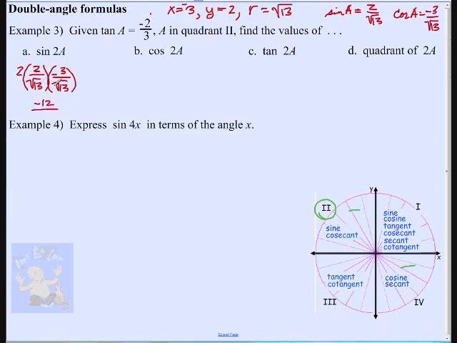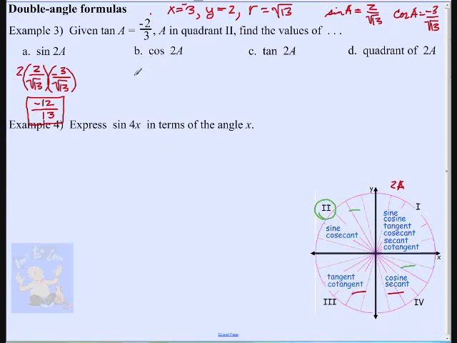Square root of 13 times square root of 13 is 13. All right. So for 2A, the double angle, I know that my sine is negative. Sine is positive here and here, so I must be either in the third or fourth quadrant. In a moment, I'll know which.